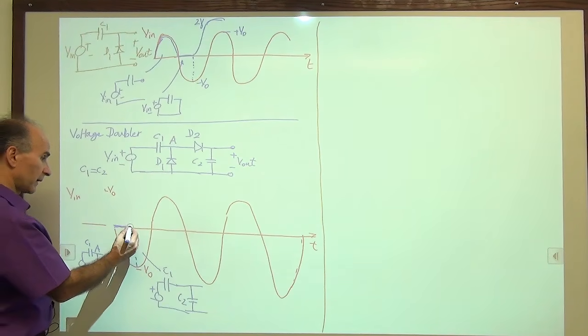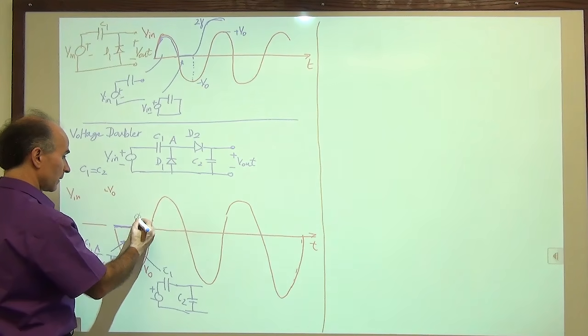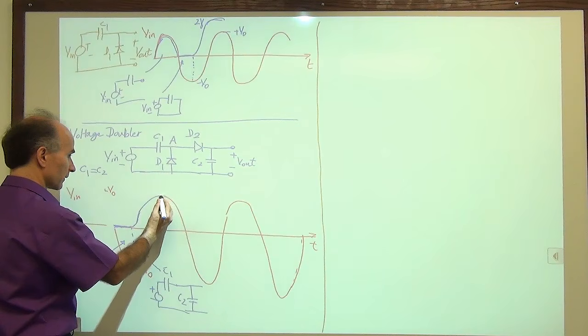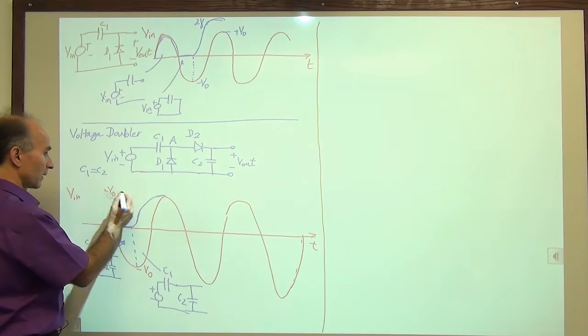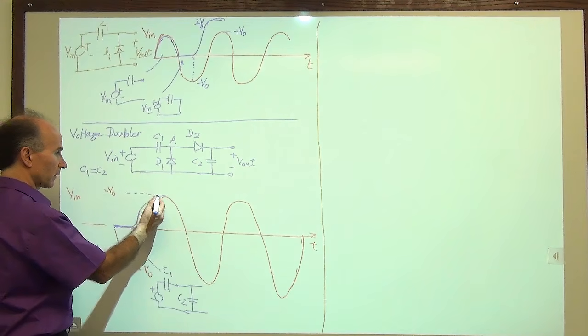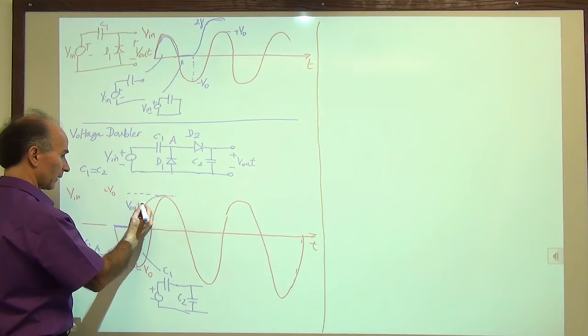So the output starts from here and reaches 1 V0 here. So this is the V0 line that we had before for everything. So that's V out, and it reaches 1 V0.